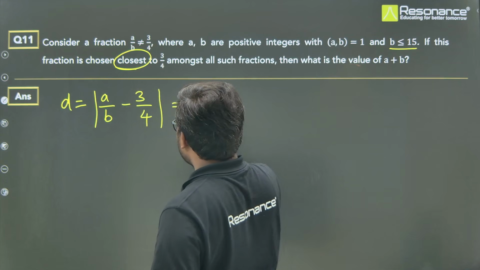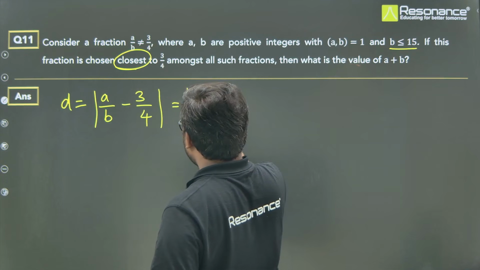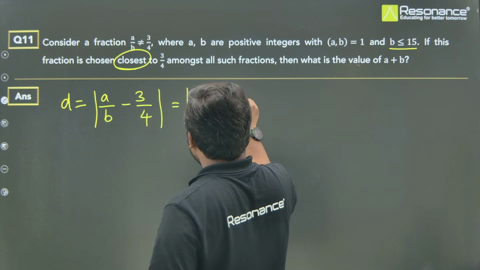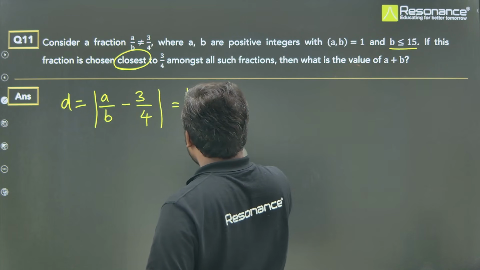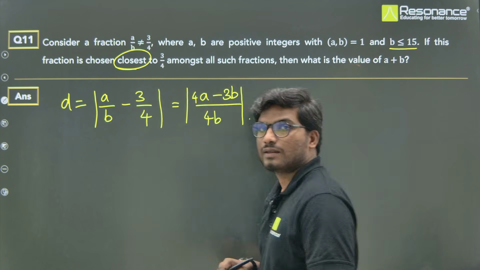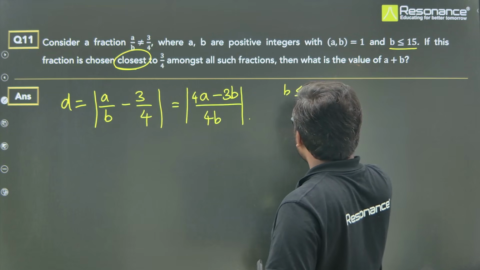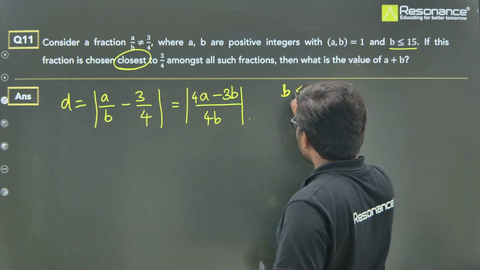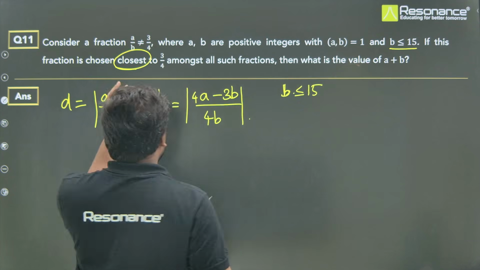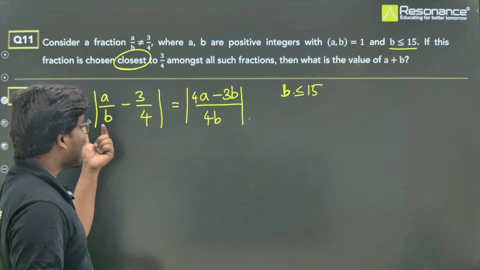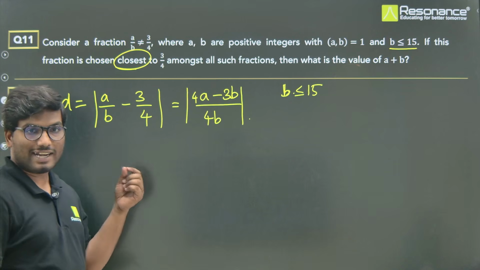So taking the LCM, it will be 4a minus 3b by 4b, right? And b is less than or equal to 15. In order for the fraction to be closest, the gap has to be very small.